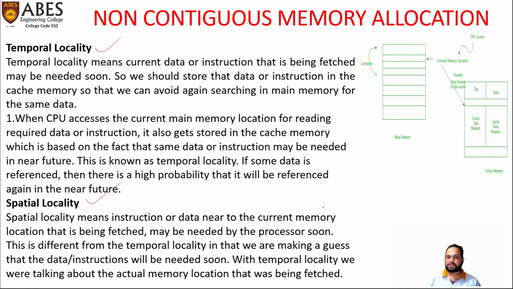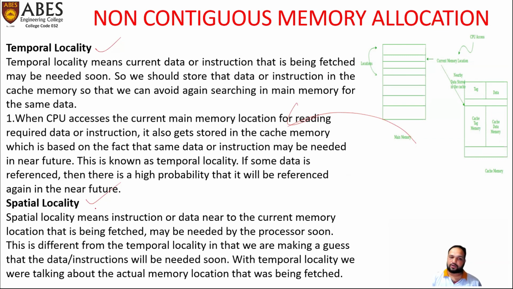So we should store that data or instruction in the cache memory so that we can avoid searching main memory for the same data. Whenever the CPU accesses a main memory location for reading required data or instruction, it also gets stored into the cache memory. So this is temporal locality.